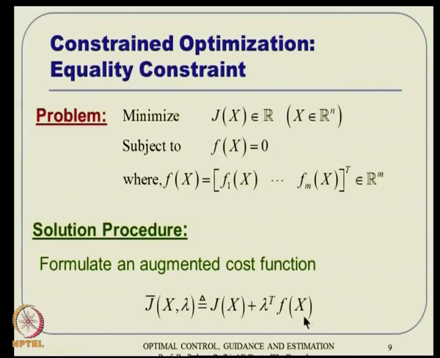This comes from the Lagrange existence theorem, which tells us that there exists a set of Lagrange variables lambda, of the same dimension as f, such that if you construct an augmented cost function like this, the problem is seen in n plus m dimensions, but essentially J bar becomes a free optimization problem in the variables x and lambda together.